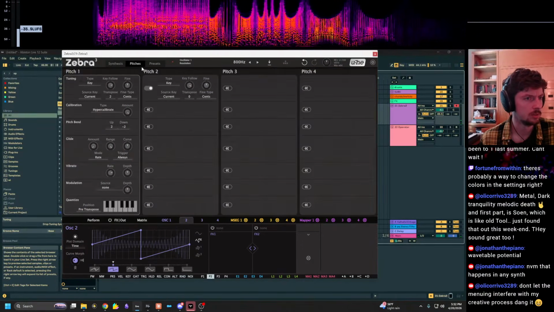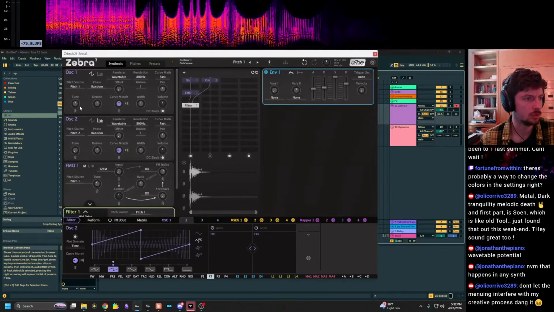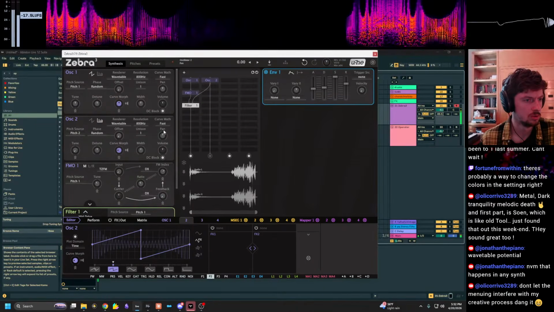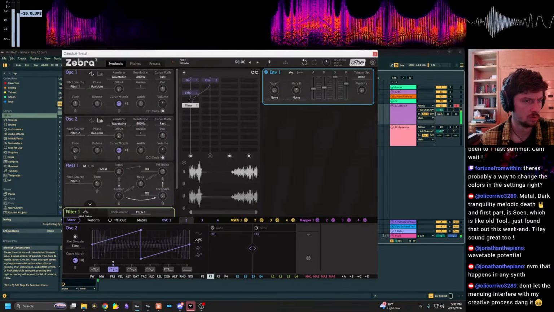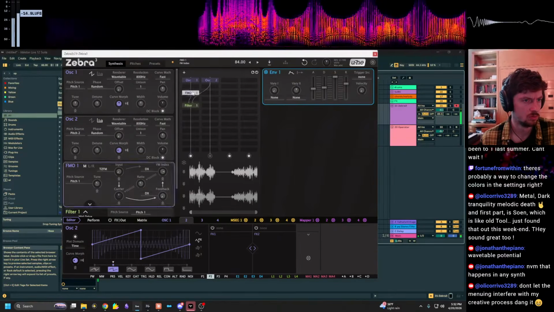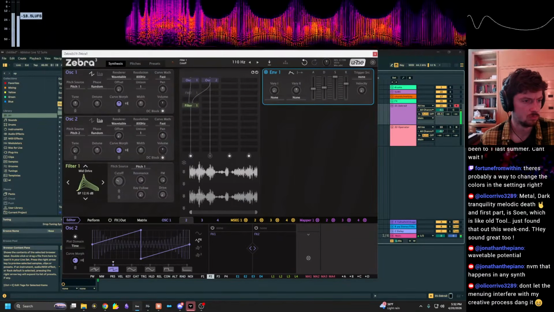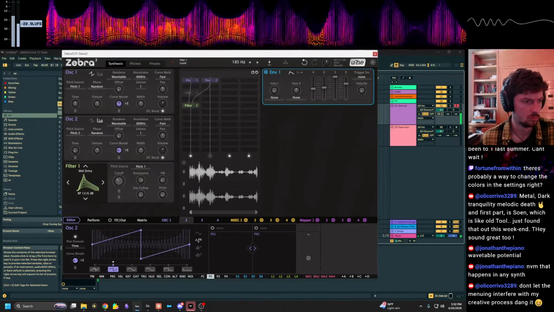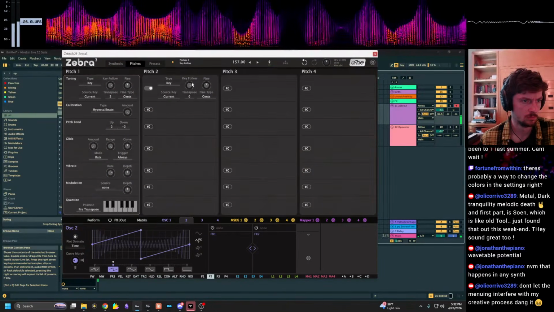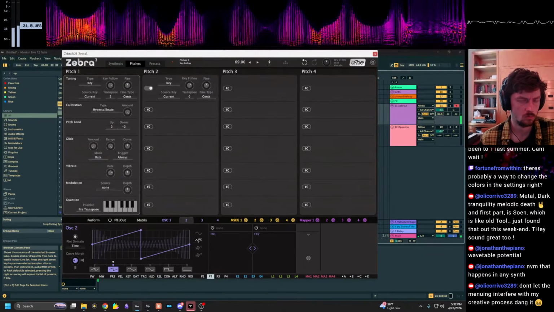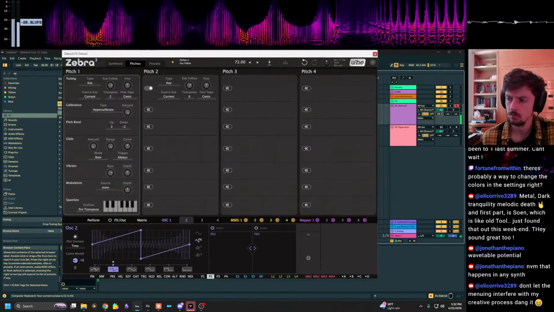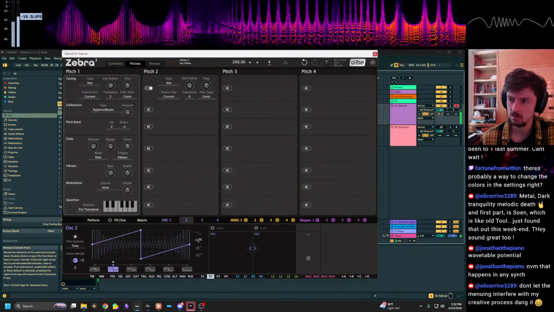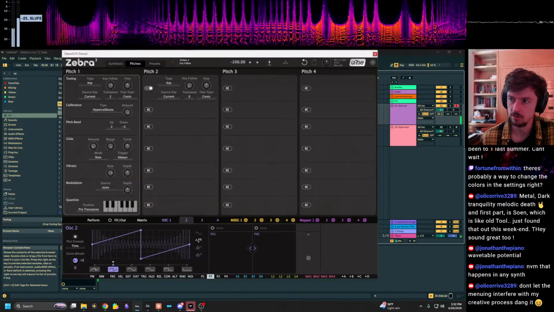Y. Pitch 2, oscillator 1 is pitch 1. That's fun.